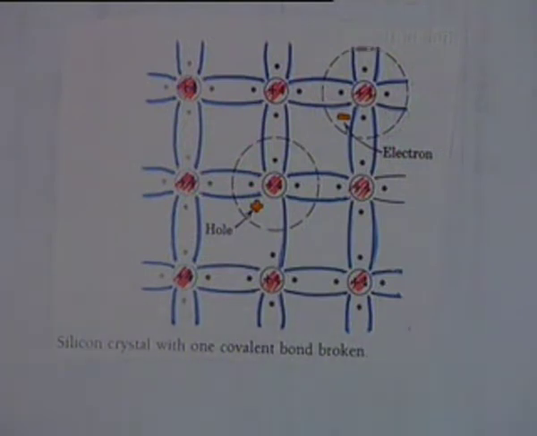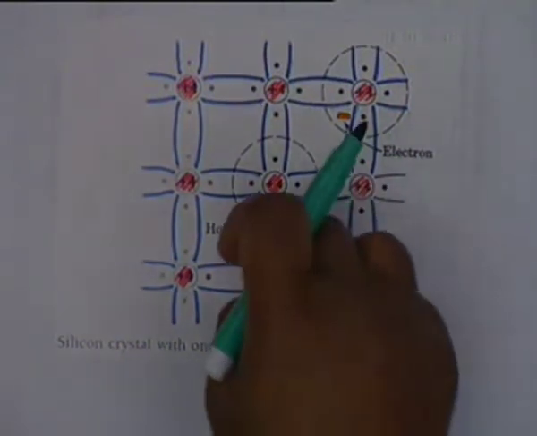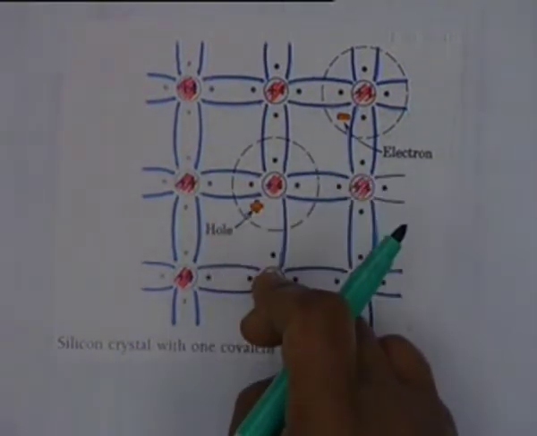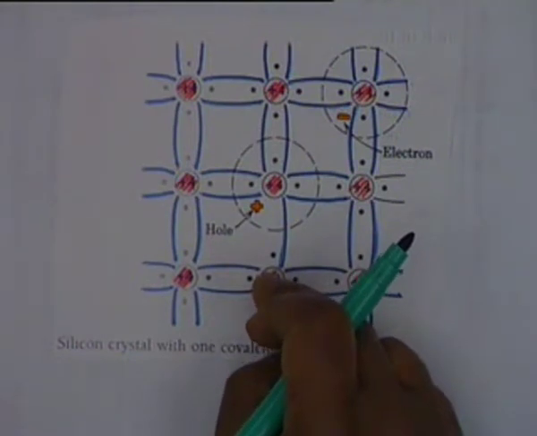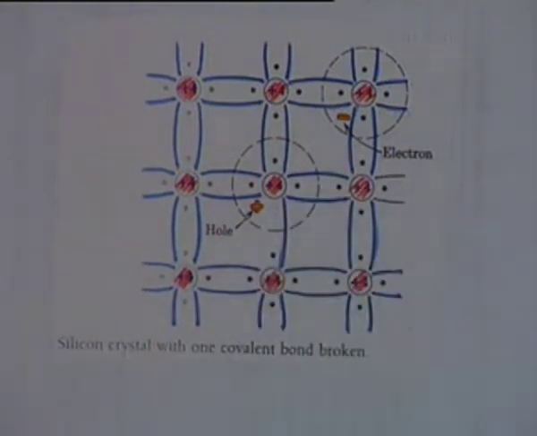Then there is no reason why this electron should not feel inclined to go to this vacant position and fill it up. That means it brings back the broken hand. So it makes this structure stable.